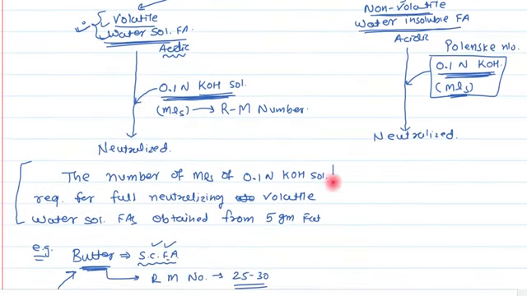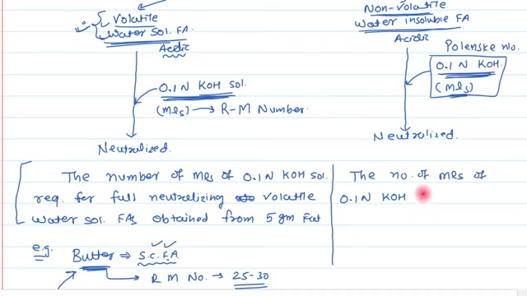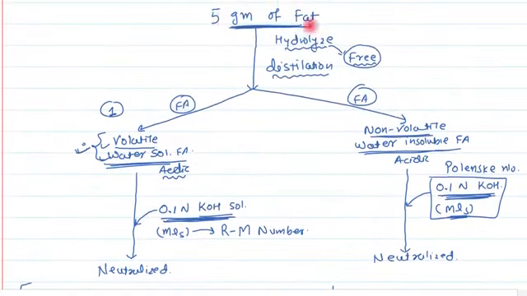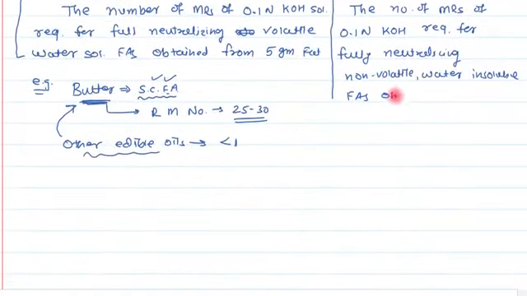If we write the definition, it is the number of milliliters of 0.1 normal potassium hydroxide solution required for fully neutralizing the non-volatile water insoluble fatty acids obtained from 5 grams of fat. So that is your Polenske number.